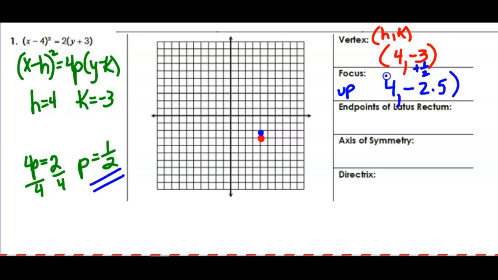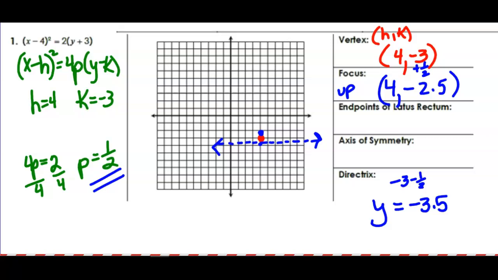I'll just use a decimal. Now, the directrix is 1/2 a unit back this way, and it's a line. The directrix would be going down 1/2 a unit, so that would be -3 minus 1/2. It is a y equals line, so y equals -3.5.